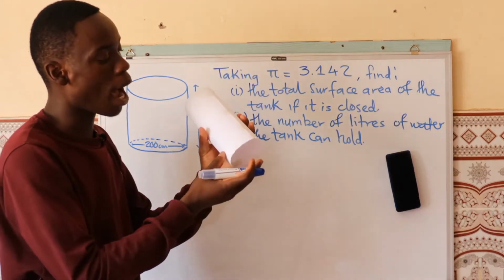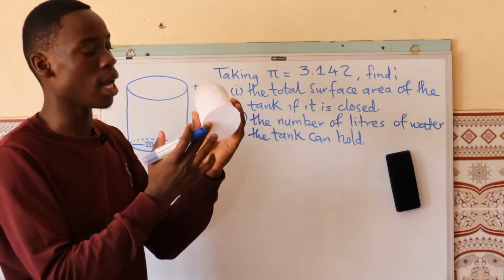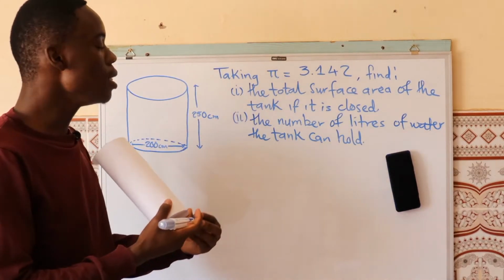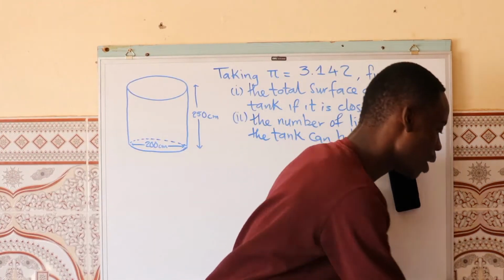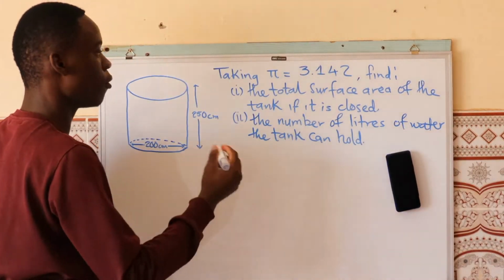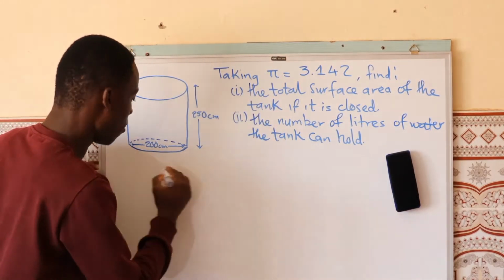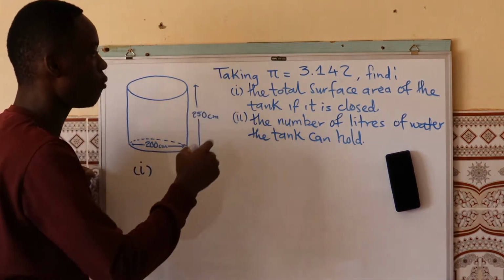The first part we have is the bottom part, and this is a circle. What is the formula for finding the area of the circle? So here, number one, we're saying the total surface area.